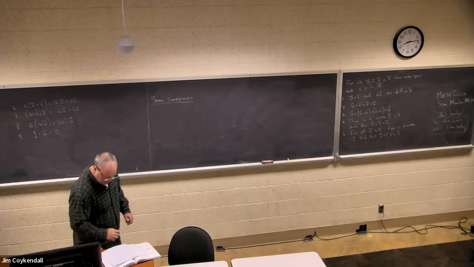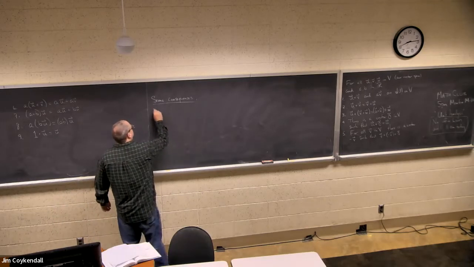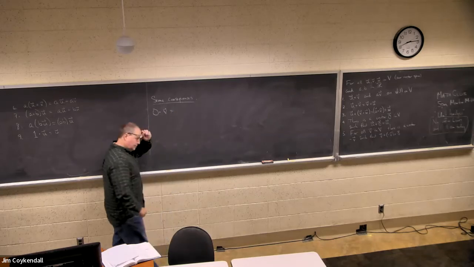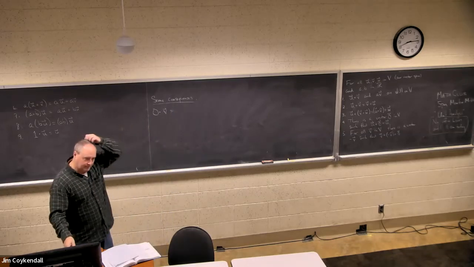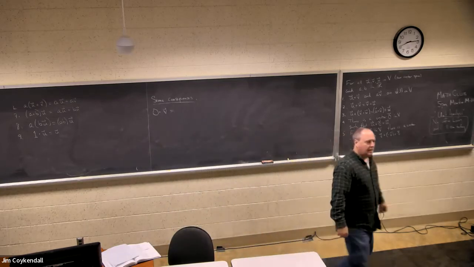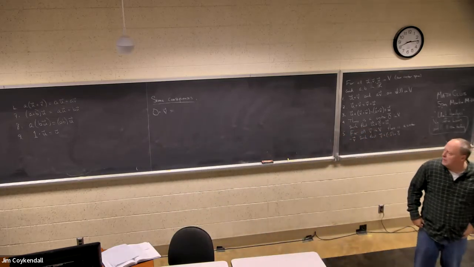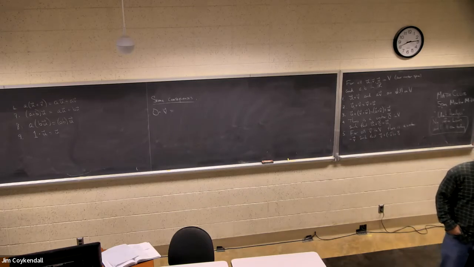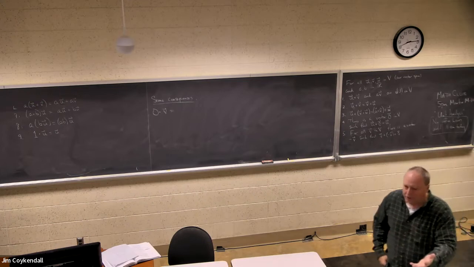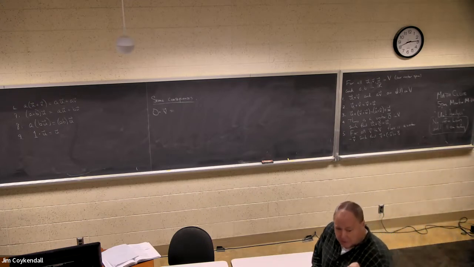Okay, here's some consequences. What do you suppose should happen if you multiply any vector in the world times the number 0?